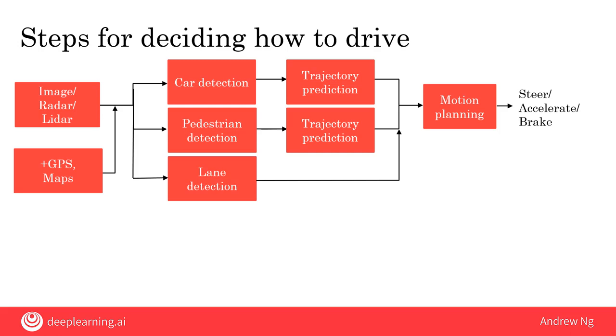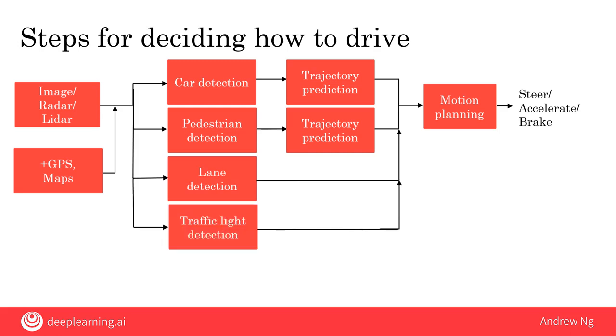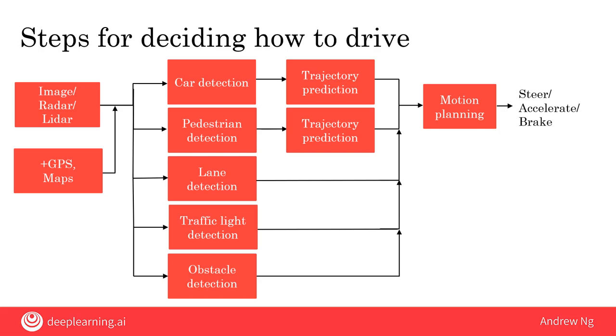You also need to know where the lanes are, so you might detect lane markings. If there's a traffic light, you also need to figure out where the traffic light is and whether it's showing a red, yellow, or green signal. And sometimes there are other obstacles, such as unexpected traffic cones, or maybe there's a flock of geese walking in front of your car that needs to be detected as well, so that your car can avoid obstacles other than cars and pedestrians.